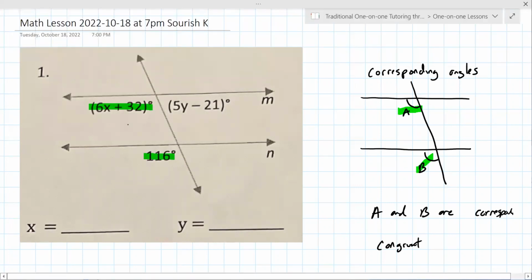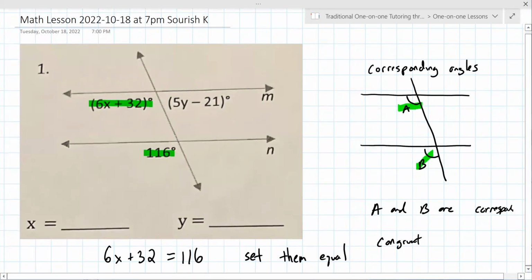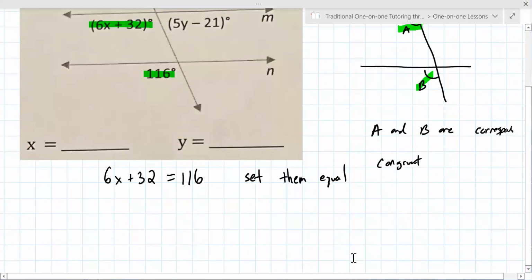You set 6x plus 32 equal to 116. Okay, and then now you've got to solve for x.